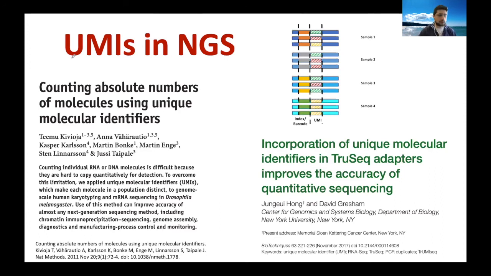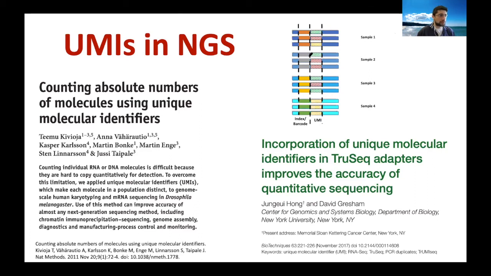So UMIs are tagging each individual molecule, independently of the origin. If you look at the top right, sample one, all the index and barcode sequences have the same color. So the index and barcode sequence is the same for all molecules coming from sample one.